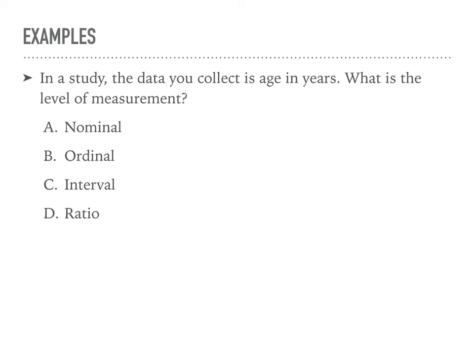Then we ask ourselves, is there a starting point? Can we make a meaningful ratio out of ages? There is a starting point for age. Your age starts when you're born. So this is going to be ratio data.